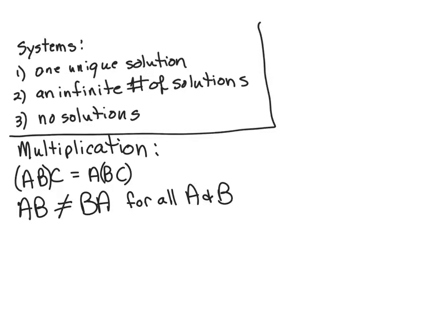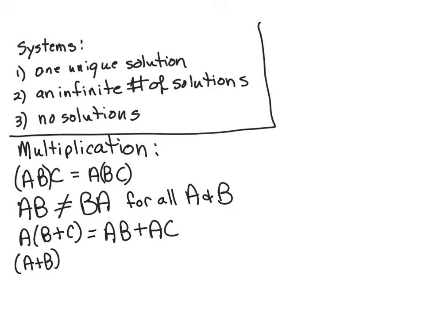So let's keep going. If I have a matrix that's multiplying the sum of two matrices, I can distribute as long as I don't change the order. If A is in the front, it's got to stay in the front. If I have A plus B multiplying C on the back end, then I'll have A times C plus B times C. But you never change the order when you're multiplying.